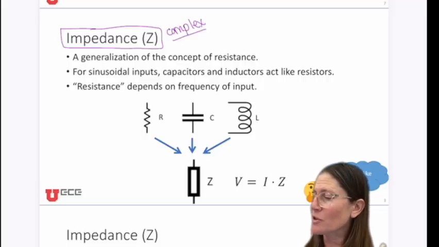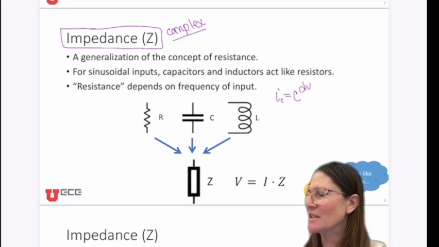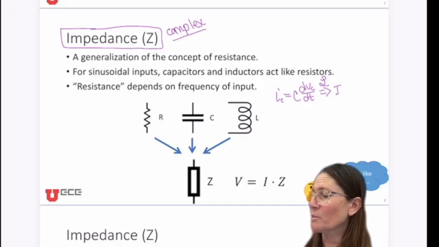For a capacitor, we know that IC is equal to C dVC/dt. And so this becomes your Laplace transform of IC equals CS VC.